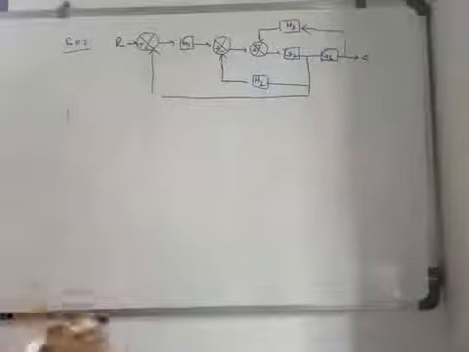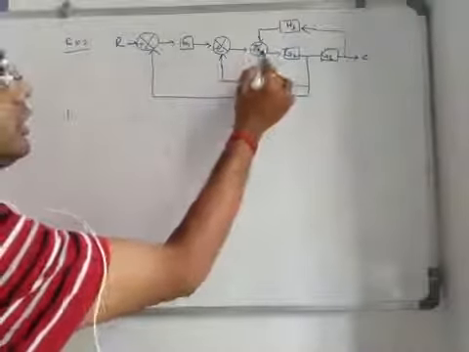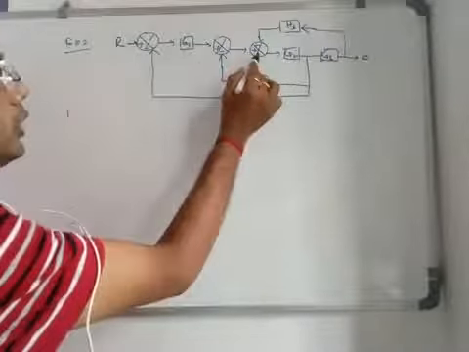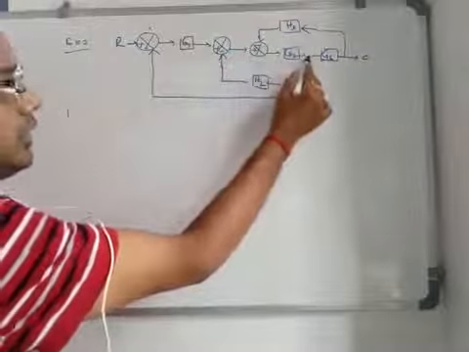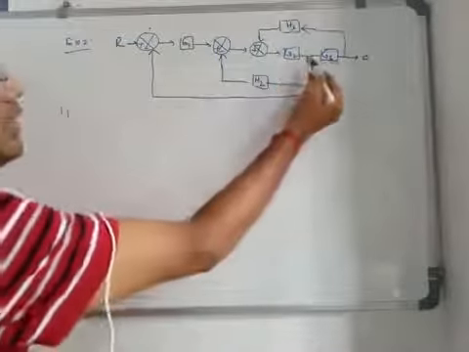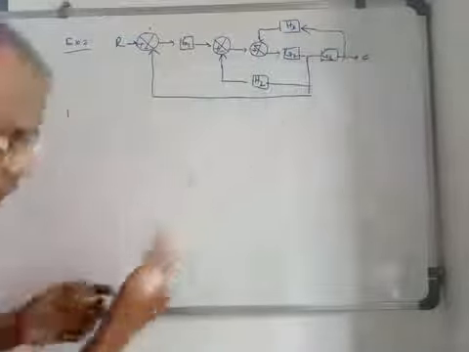We cannot just shift this block to this side because there is a summing point. We can shift this block to this side also. There is an option, and another option is that you can just shift this takeoff point to the right hand side of G3.